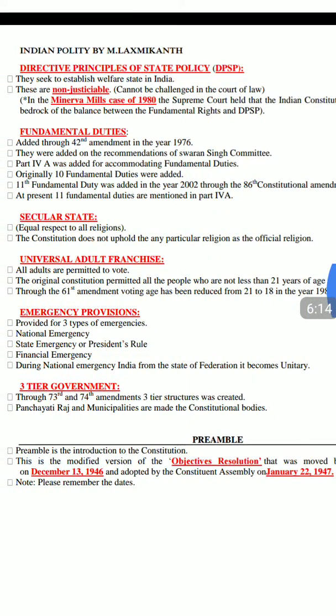And emergency provisions. In case of internal emergency or external aggression, there are three types of emergencies. First is a national emergency, second is a state emergency, and the third is a financial emergency. These articles come under the constitution from 352 to 360, the emergency provisions.